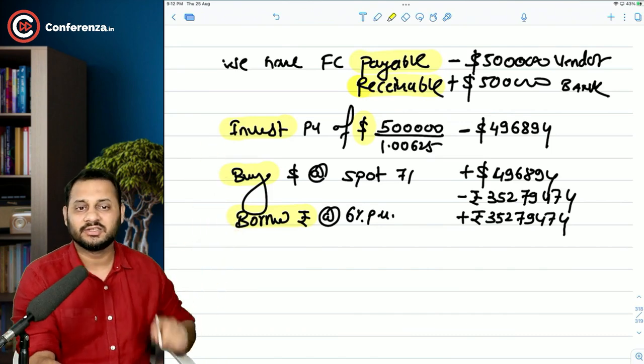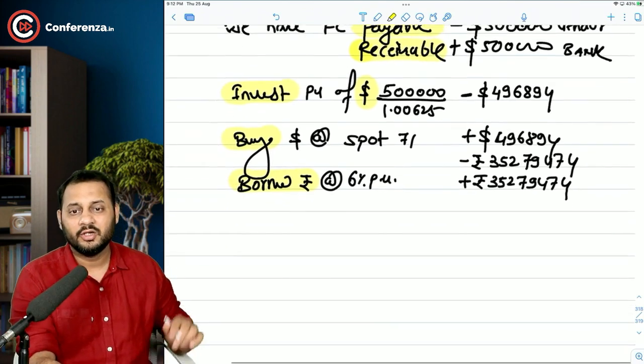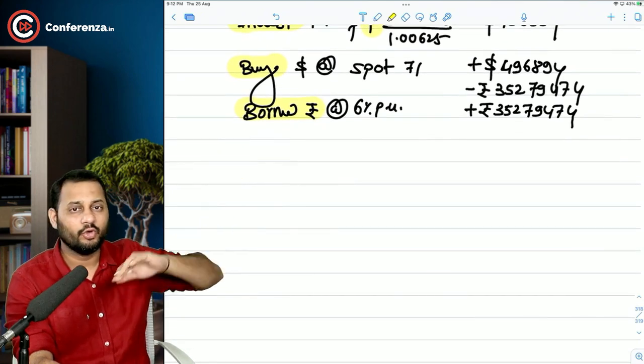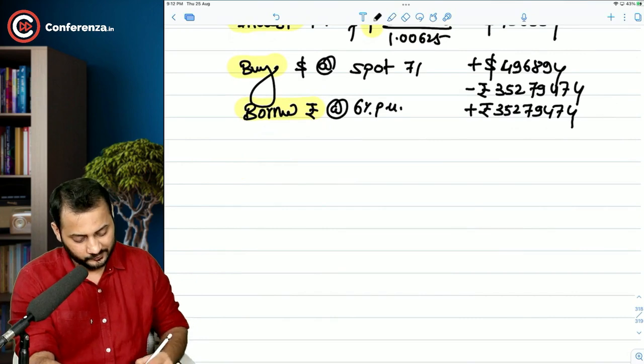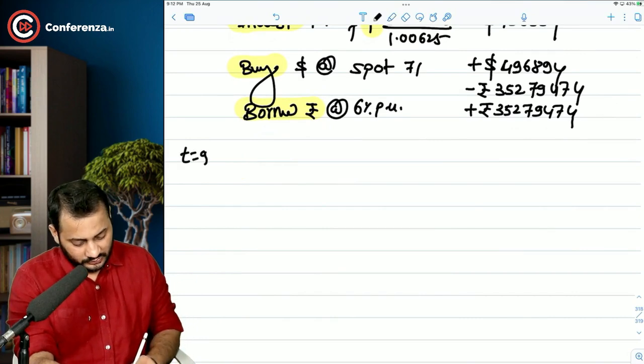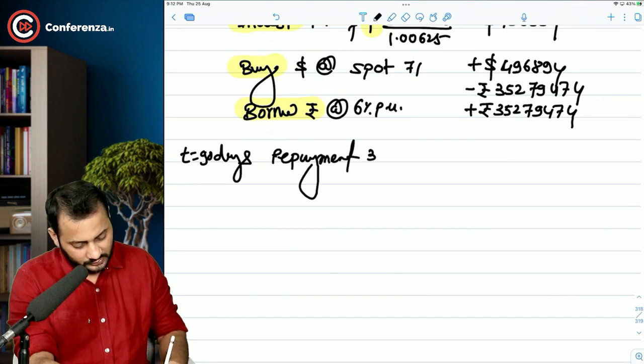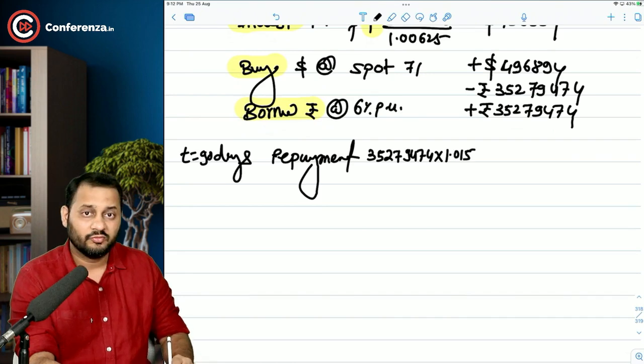So these are the transactions that will happen, and at expiry what will happen? You will just add the interest to it and make the payment to the Indian bank. No cash flow from one country to another country. Repayment: 3,52,79,474 into 1.015 for 90 days.